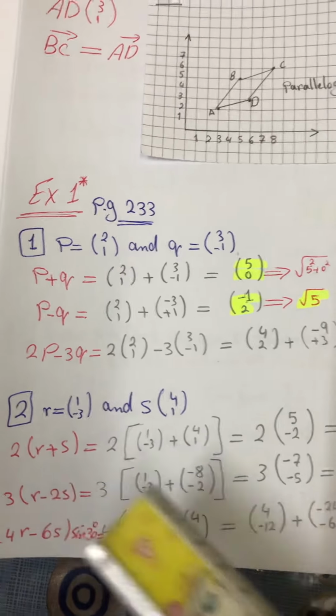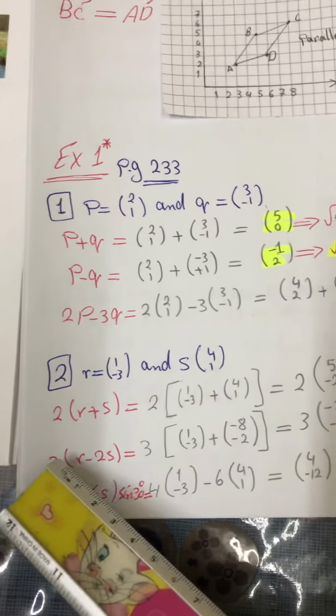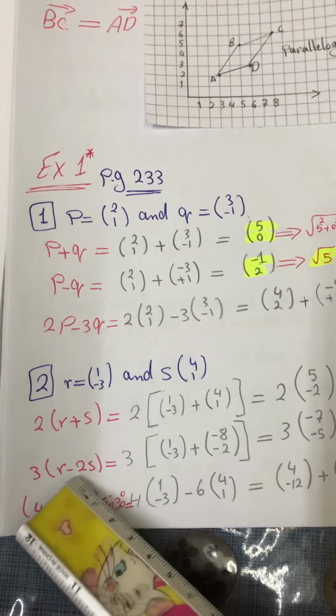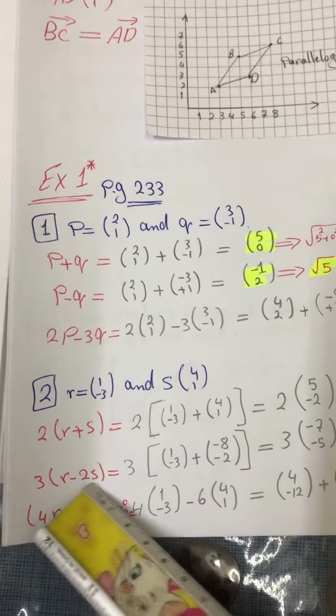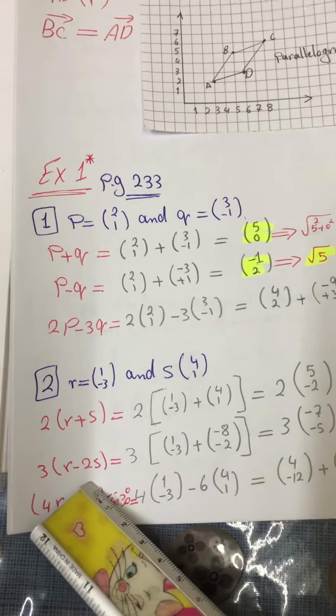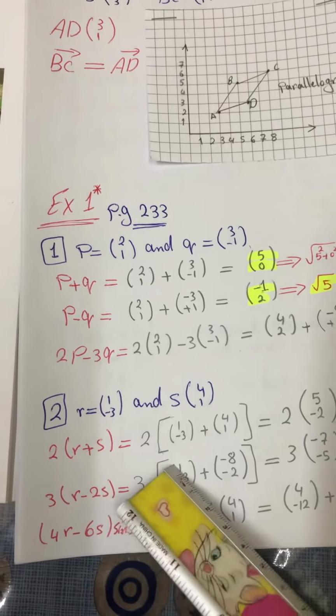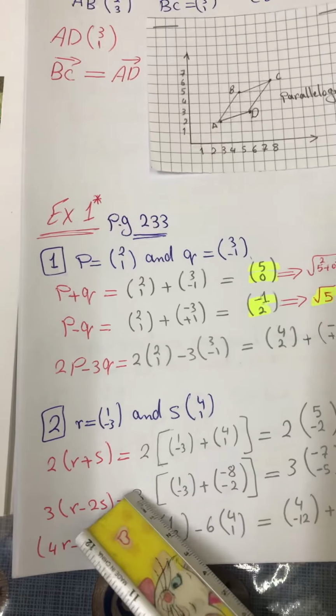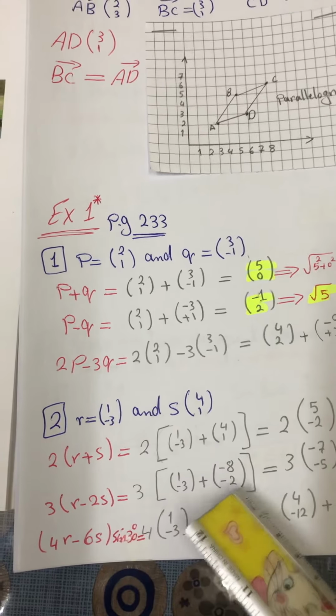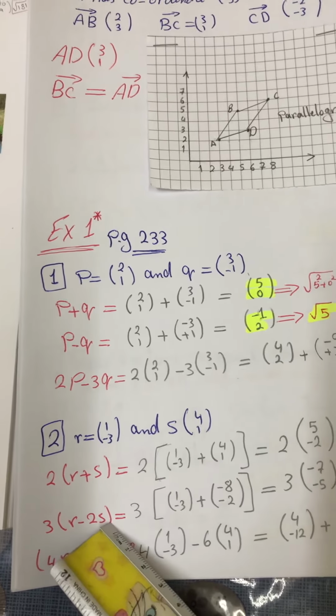Parentheses, then multiply. Now I have 3 open brackets R minus 2S. I solve what is in the brackets as a separate problem. Parentheses first.